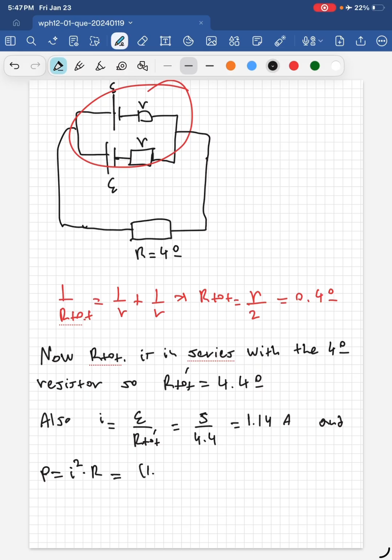So 1.14 squared times 4 yields, let me use my calculator, I squared times 4 gives 5.2 watts, which is less than what it was before.